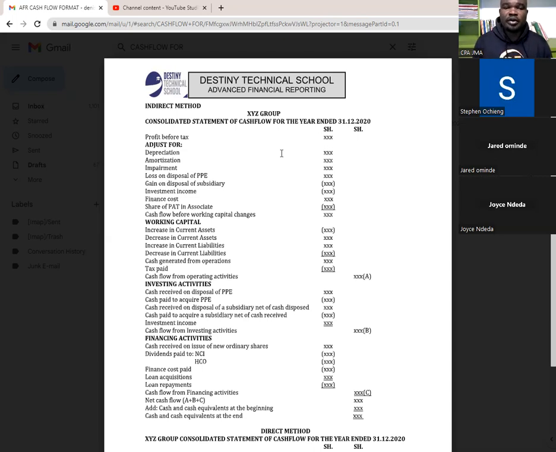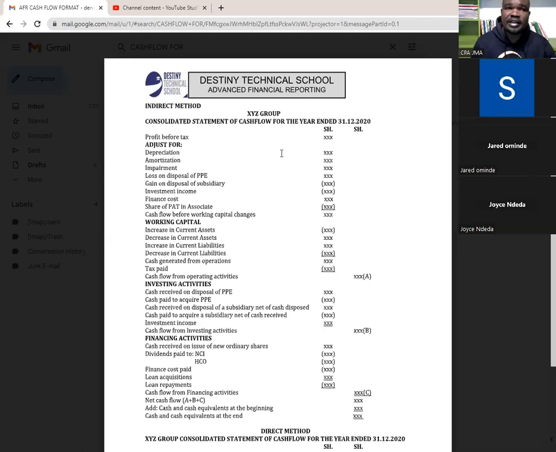Then we have now loss on disposal of property, plant, and equipment. Why do we add it back? We add it back because, when you dispose an asset at a loss, in the books we have to recognize that loss as an expense. The loss must be captured as an expense. But the problem we have with that is that that expense is not an operating expense.